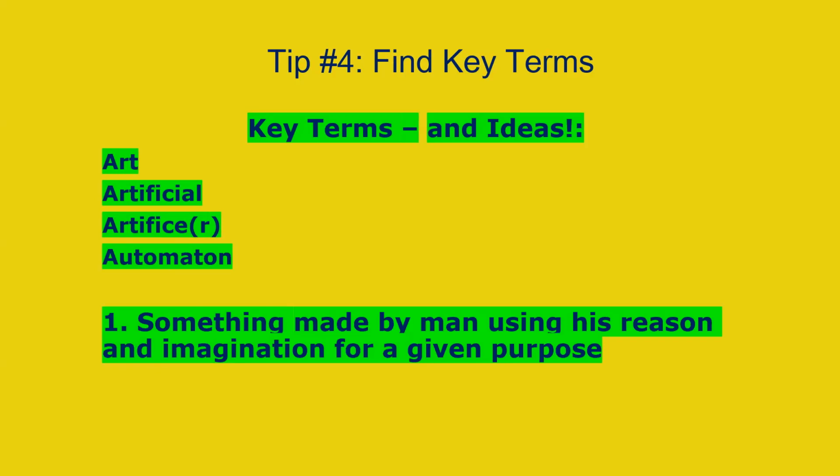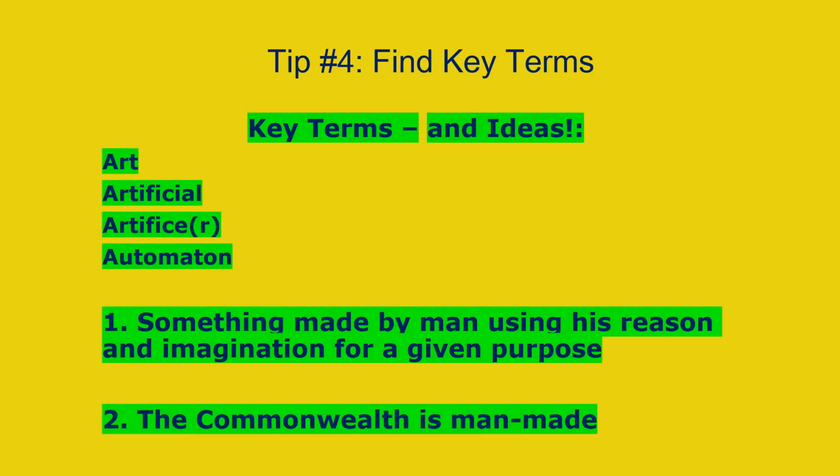This supports the key idea that Hobbes has put forward in this book, which will now feature, that the commonwealth is man-made. That is, man can make the political structure or political society that he desires according to his reason.